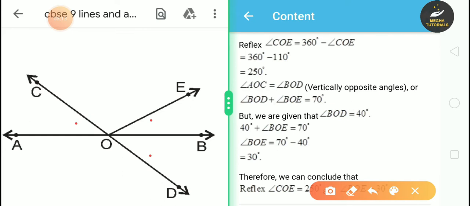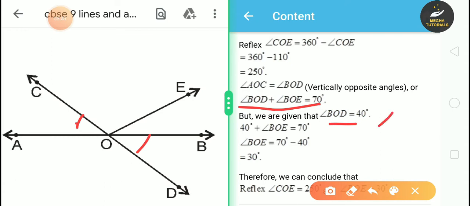Okay, now please look into the diagram. Angle AOC and angle BOD are vertically opposite angles. So the given equation is angle AOC plus angle BOE is equal to 70 degrees. So instead of AOC I can write angle BOD plus angle BOE is equal to 70 degrees, since angle AOC and angle BOD are vertically opposite angles. Okay, now BOD is given as 40 degrees.